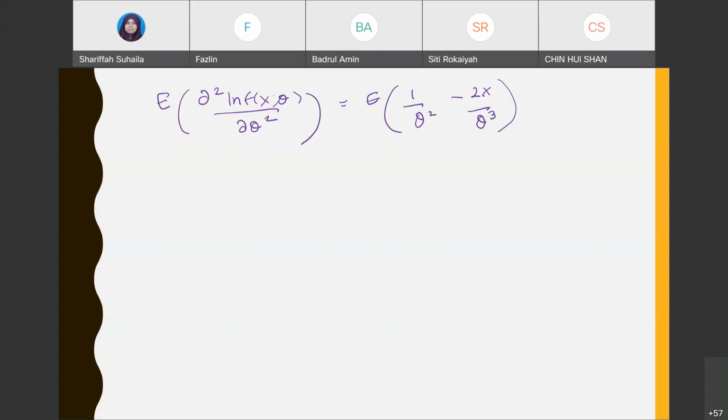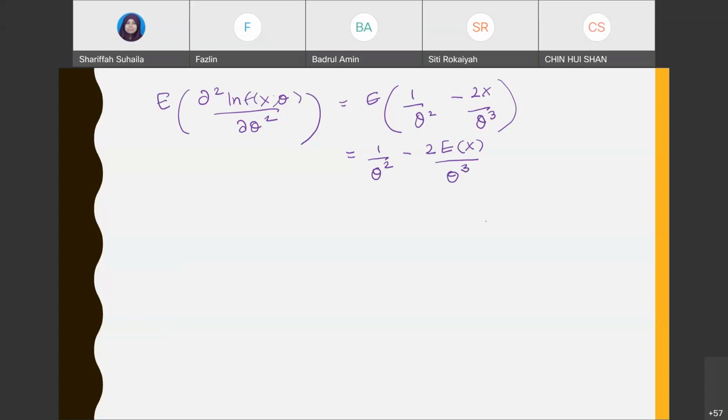Okay, so guna balik properties for expected value. So 1 over theta square tu kita consider sebagai constant, so bawa ke depan. Yang kita ada ini je, 2x over theta cube, sebab x kita adalah random variable, theta tu parameter je.